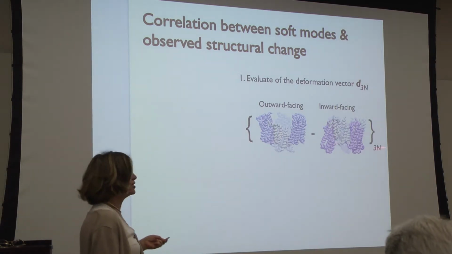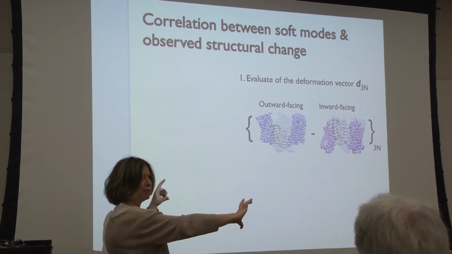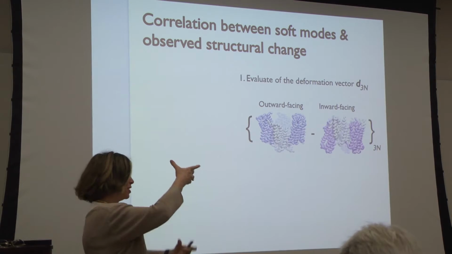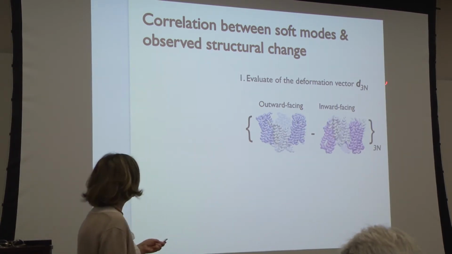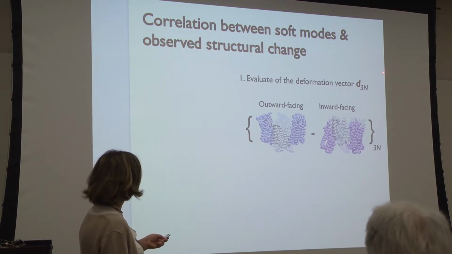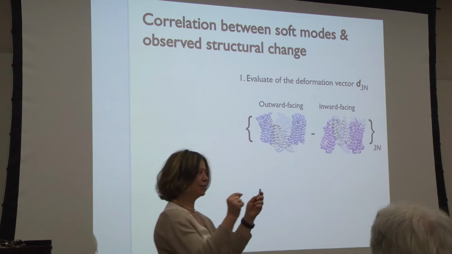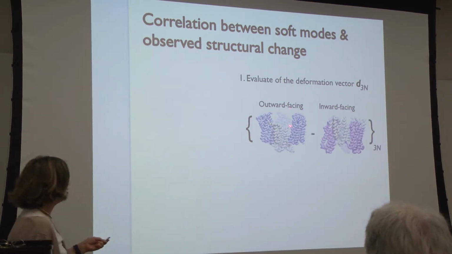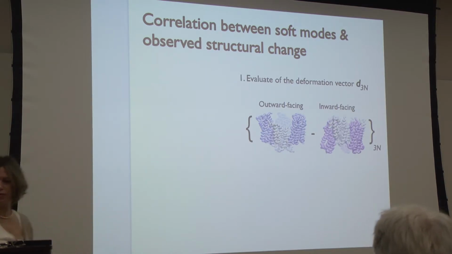So you just, after optimal superposition, and that would be based on the membrane position too, because you don't want to align them, actually they are shifted, but you align them with respect to the membrane. This deformation vector that we generate is just, you take every single atom coordinate, in our case alpha carbon coordinate, x, y, z, and you take the difference, you generate this 3-dimensional difference vector.